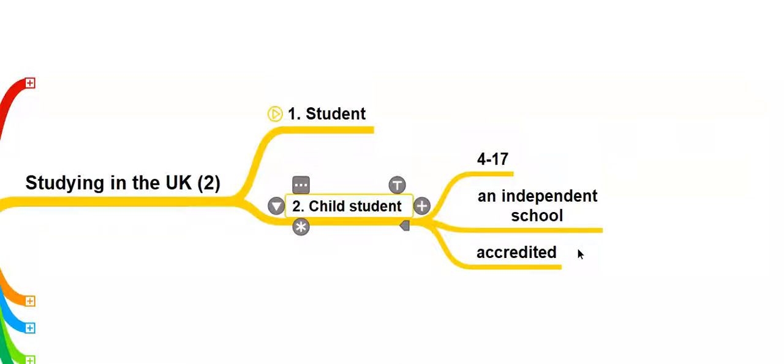And once again, if you're 16 or 17, you have a choice here. You can either apply as a child student or as a student, and your course has to be at or above the regulated qualification framework level 3, or the Scottish equivalent, Scottish credit and qualification framework level 6 or above.